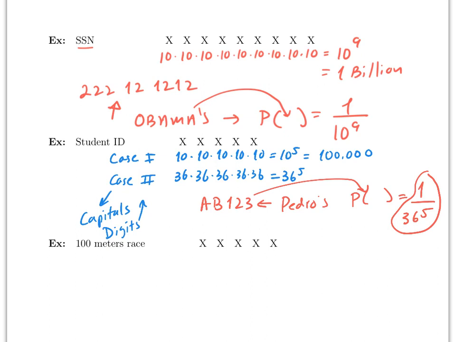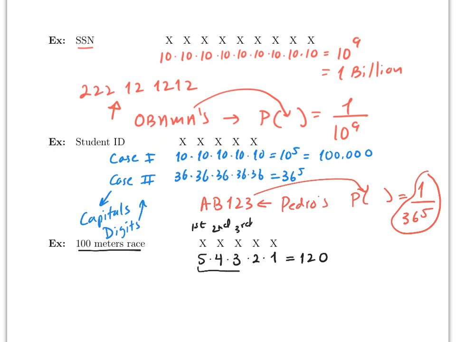Okay, next example. In how many ways can 5 runners finish a race? Let's say this is the first place, second, third, and so forth. You have 5 runners, so any of the 5 can be the first place. Then you have 4 for the second place, 3 for the third place, and so forth. So this equals 120. That means there are 120 different ways to finish a race.